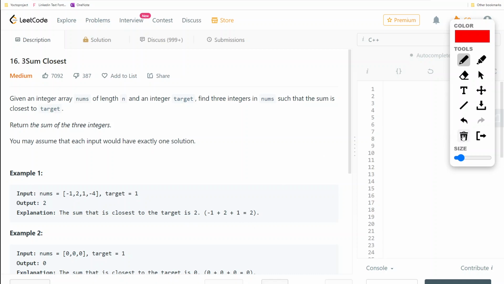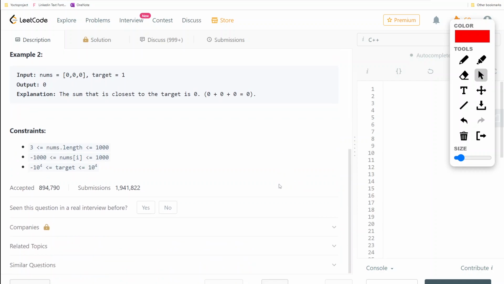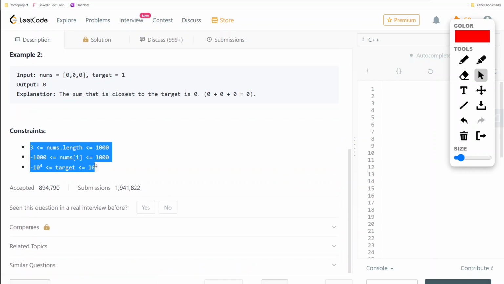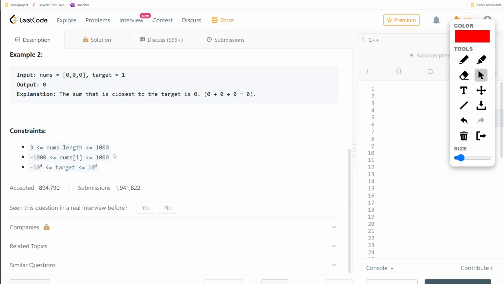And I'll give you more examples as well so that you will better understand. So here are the constraints. From these constraints we can conclude that the length of the nums array, the one we are required to traverse, is 10 raised to power 3.